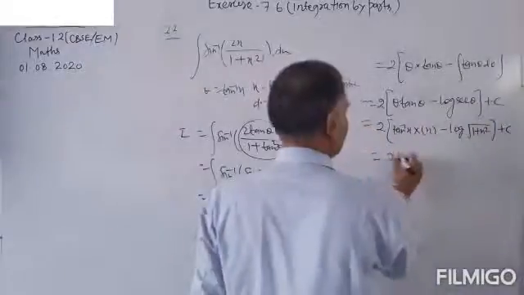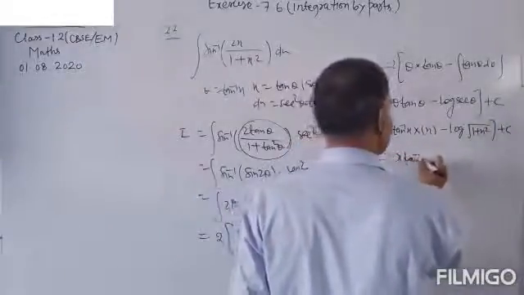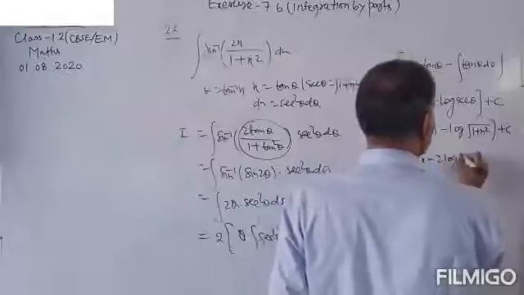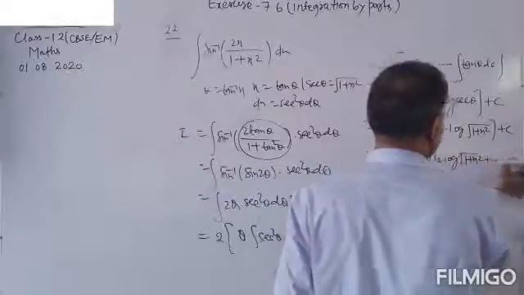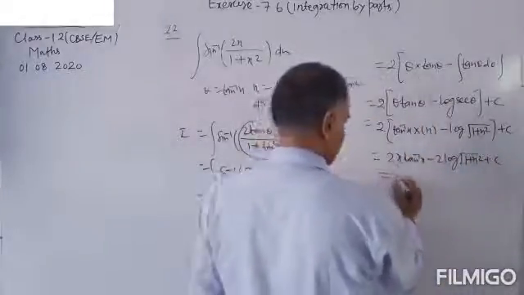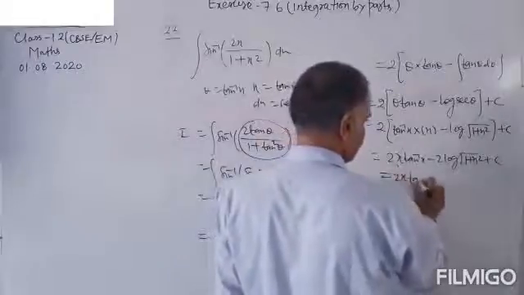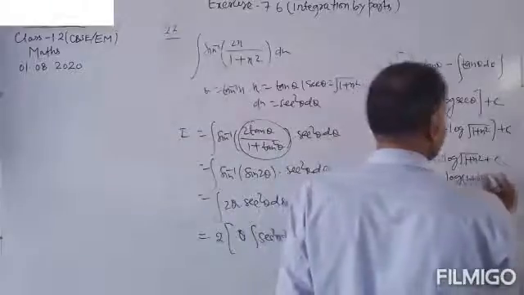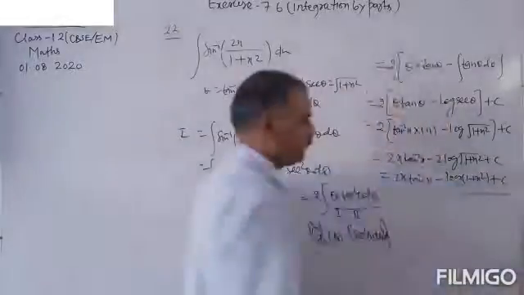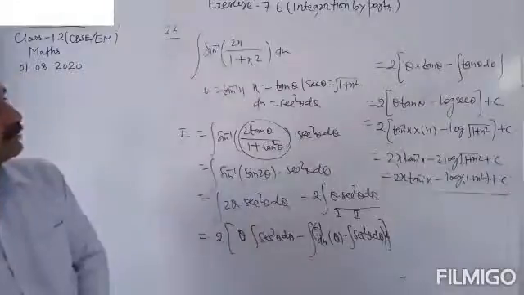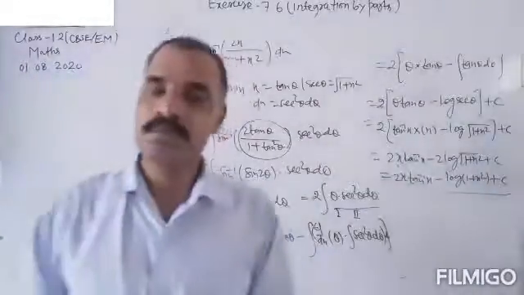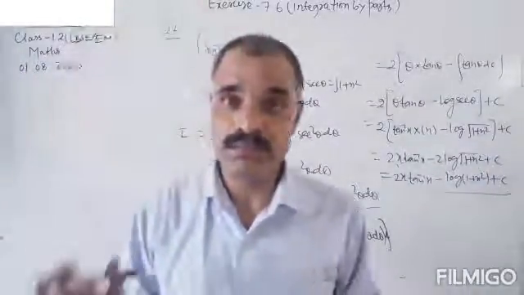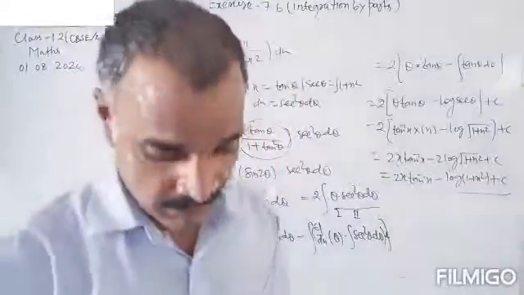So finally 2x tan inverse x minus 2 log under root 1 plus x square plus c. This can also be written as 2x tan inverse x minus log of 1 plus x square plus c. So the final integration of the given function is 2x tan inverse x minus log of 1 plus x square plus c.